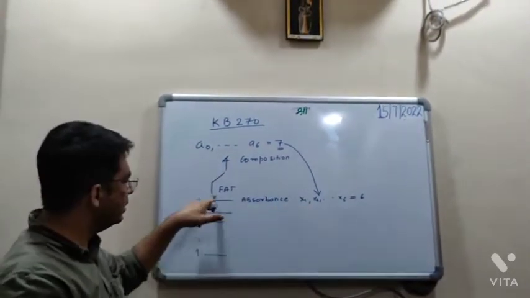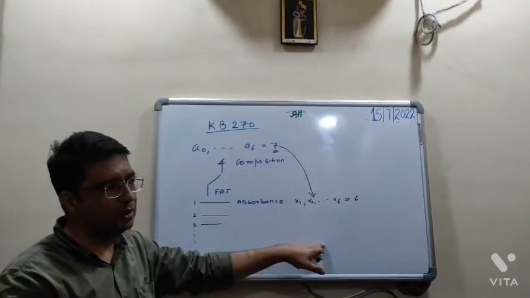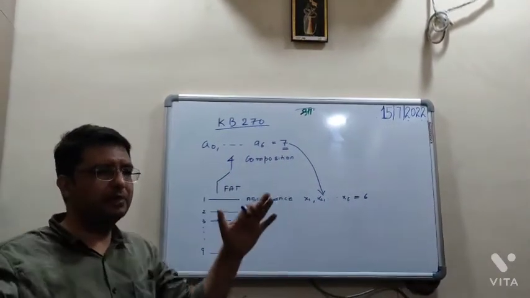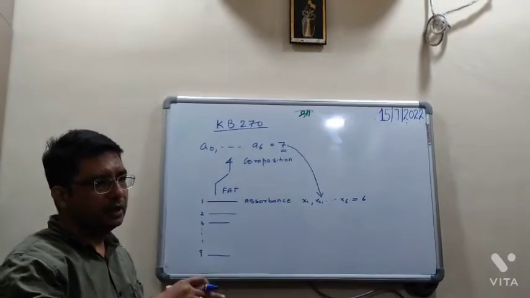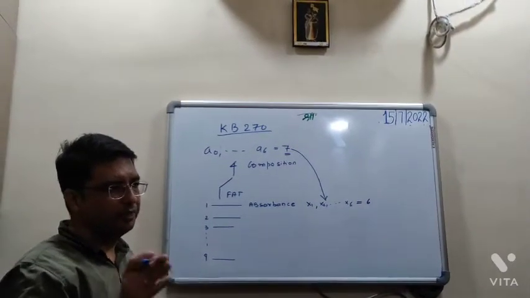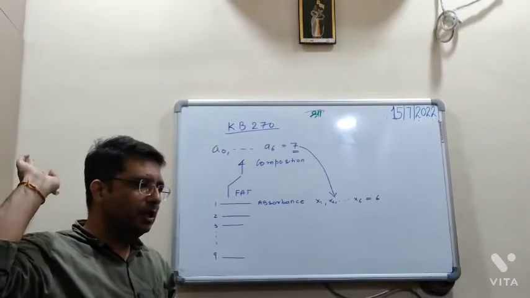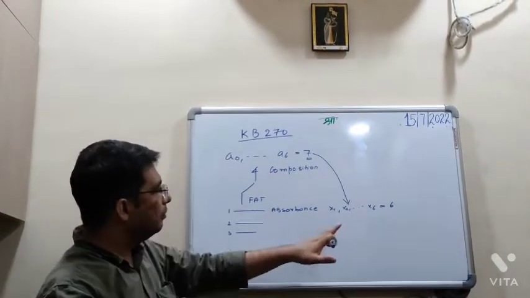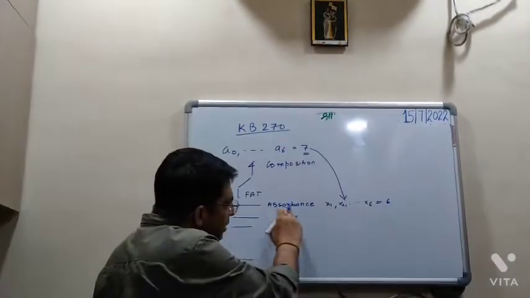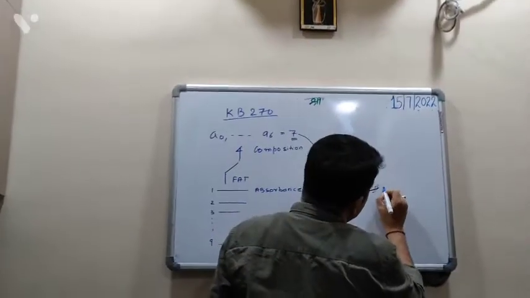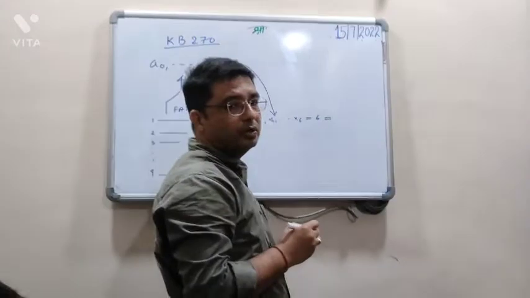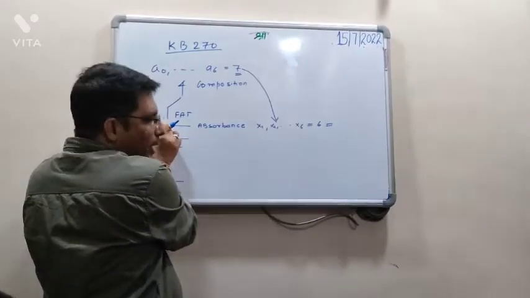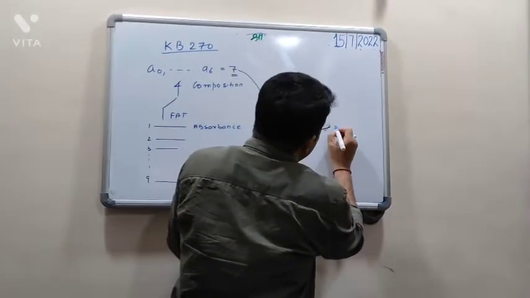Now for each sample you will have these absorbance values, so ultimately it will be represented in terms of a waveform. I have not seen the software, but it may be in the form of a waveform, a spectra. Am I right or wrong? So for each sample, it will calculate some absolute value.